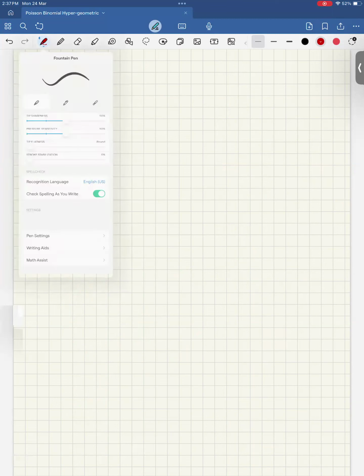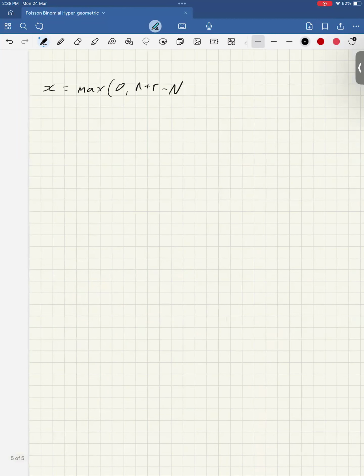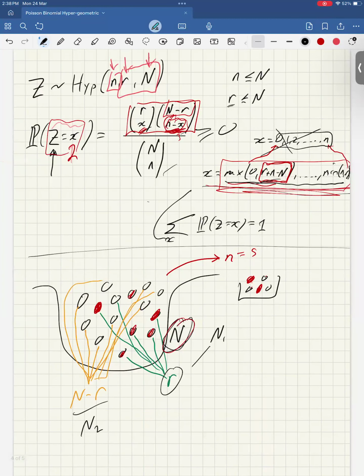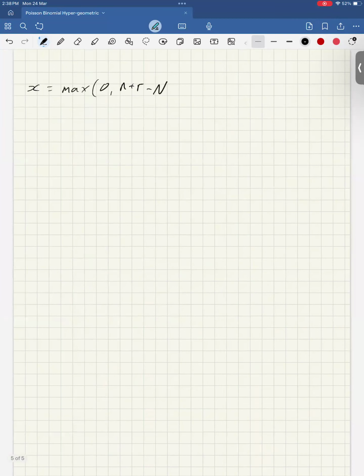So we're saying again, I'll just write it here a bit more clearly. X can be anywhere from its smallest value, which is given by the maximum of 0 and N plus R minus capital N. Is this how I wrote it here? N plus R minus capital N, that's okay.